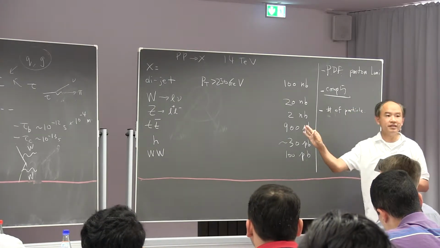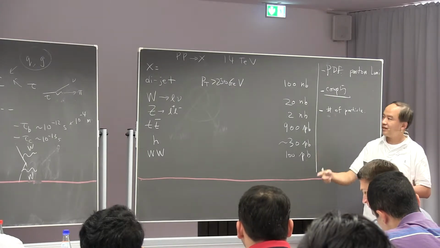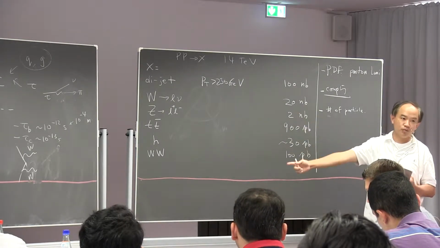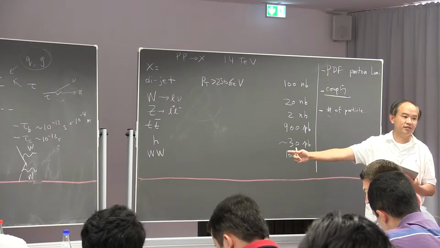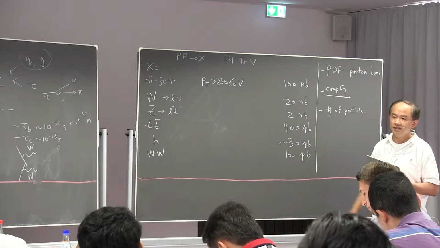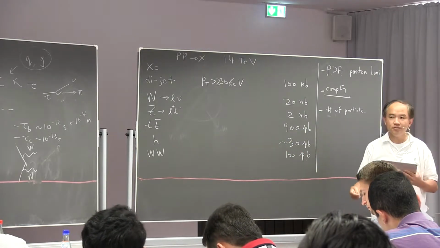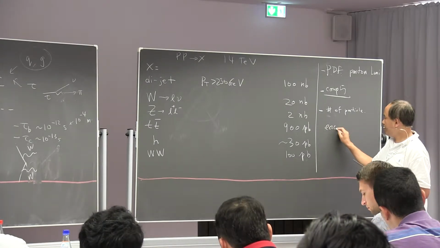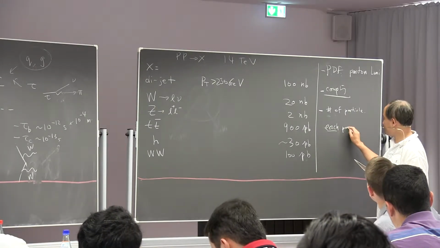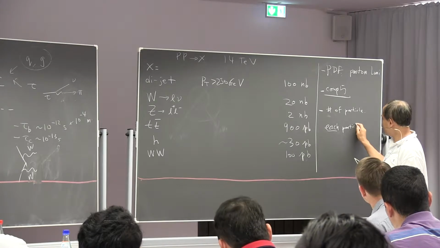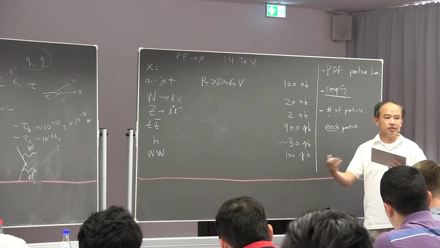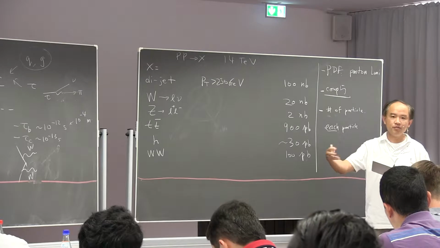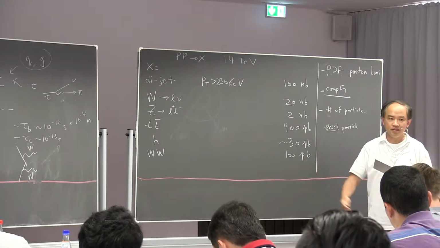And then it depends on the number of particles. We haven't quite done that yet, but there are one-body processes and two-body processes. Adding each particle, you would have to pay some coupling constant. You also have to pay more phase space.